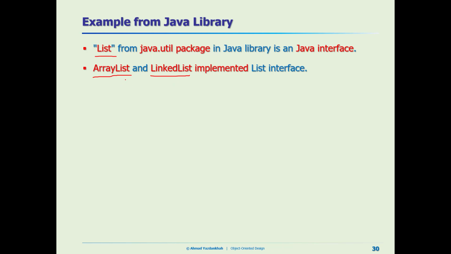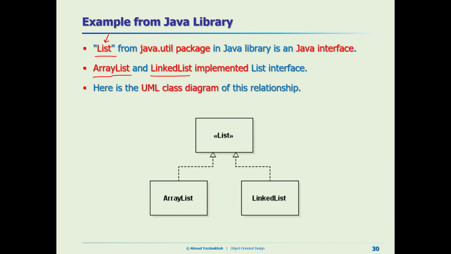Both of these implement the List, because they have some common things. That's why both of them are implementing the List. And here is the class diagram of these three: List, ArrayList, and LinkedList.